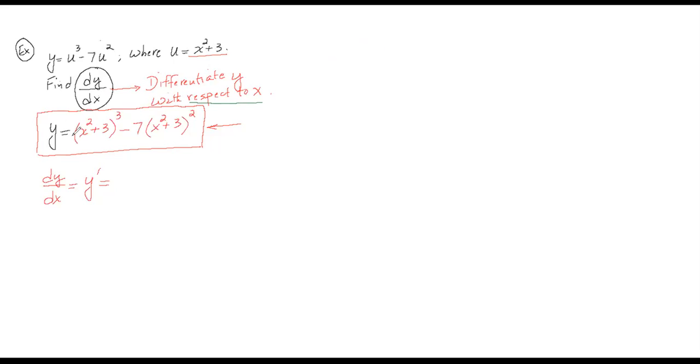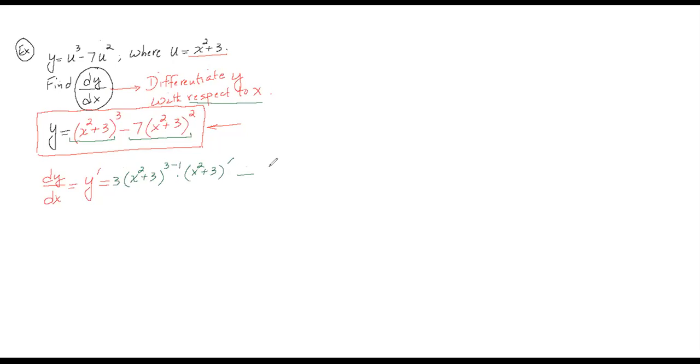So I believe that both of these are chain rule, are they not? So the first one will be 3 times (x squared plus 3) to the power of 3 minus 1 times the derivative of x squared plus 3. That's the first one.